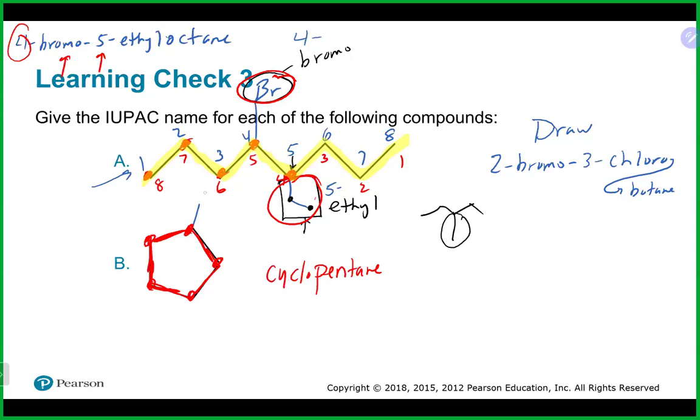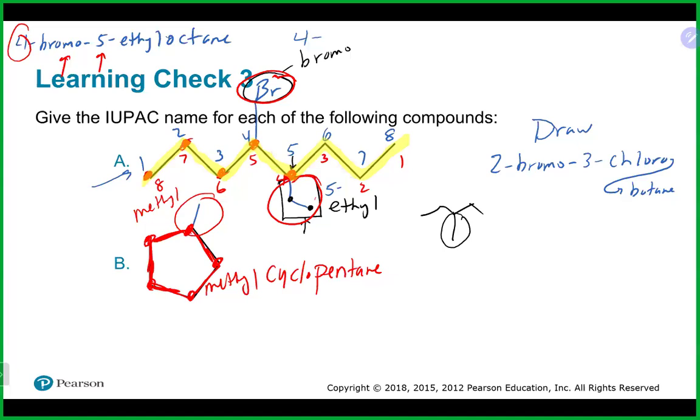That means we do have a group right there, and that's just a blank line, which means that blank line is a methyl group. Again, there's a carbon at the end of it. In this particular case, because that's the only group attached here, we don't need the number. So this is just going to be methylcyclopentane. Any questions on that one?